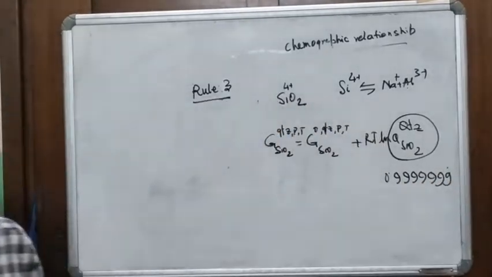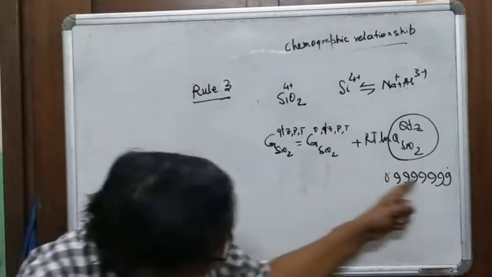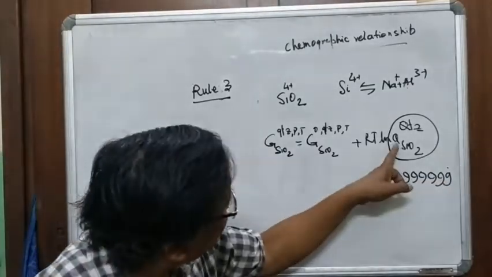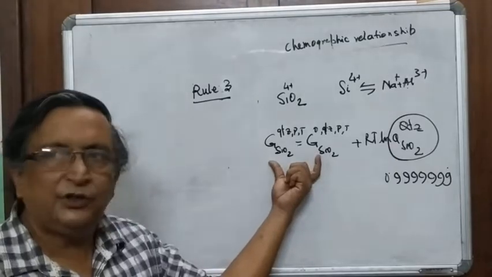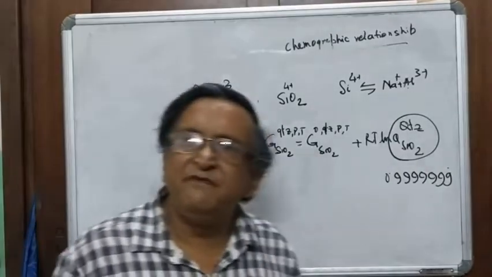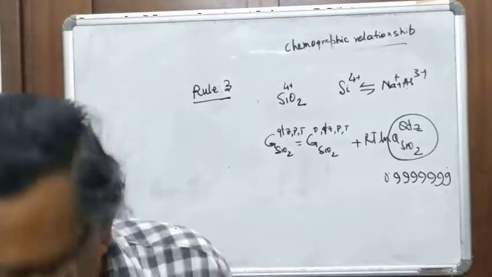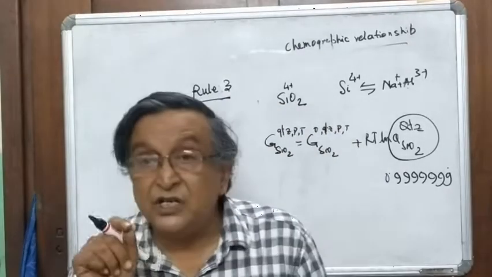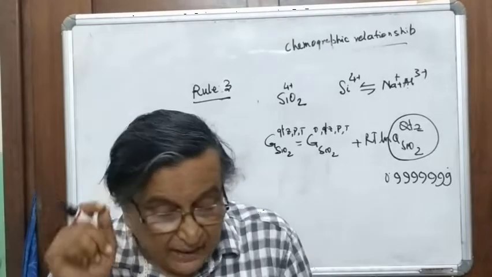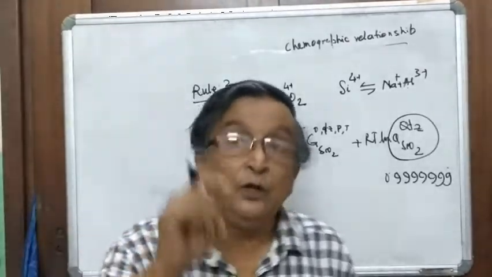So if this goes on, then you can understand the effect of this on G SiO2 relative to G0 SiO2 must be very, very small. So that is why it says components that are not sufficiently abundant to stabilize the mineral can be ignored.